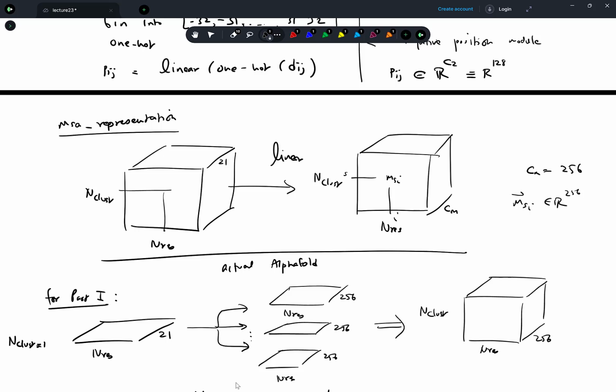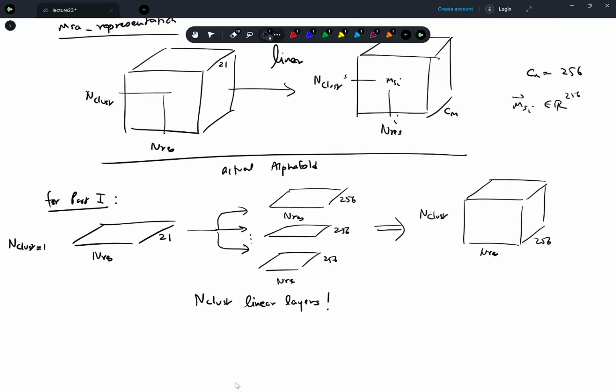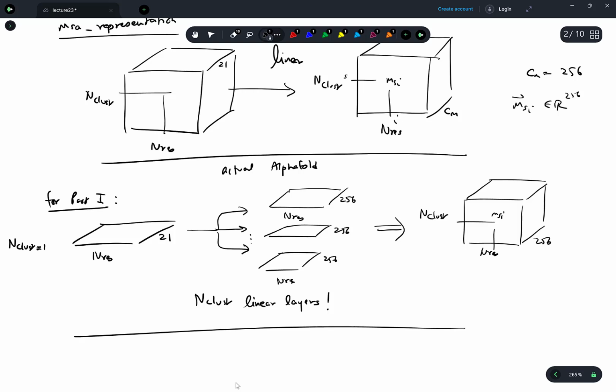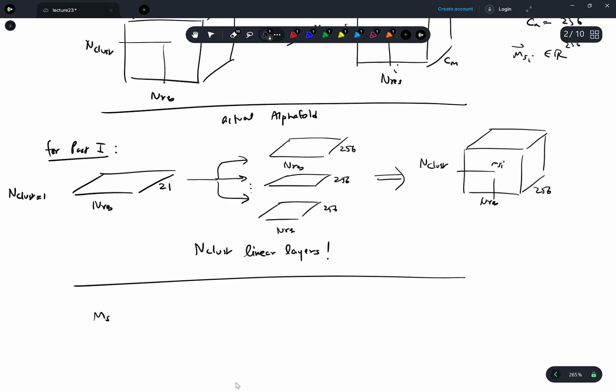Okay, so now what do we do? We have MSI for us. All you have to do now is combine the MSI plus a linear. Let me do it graphically here.